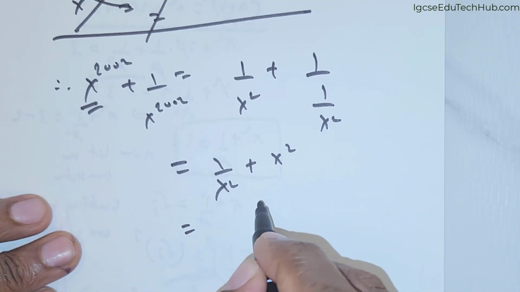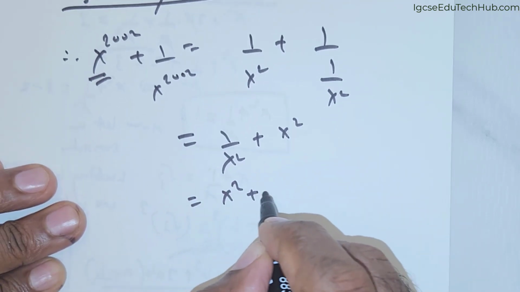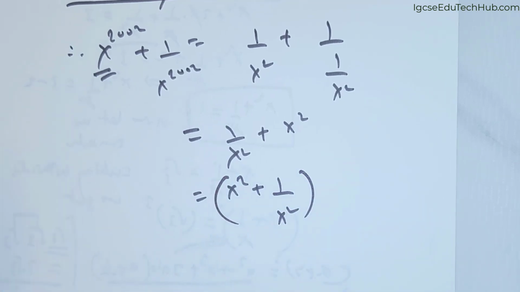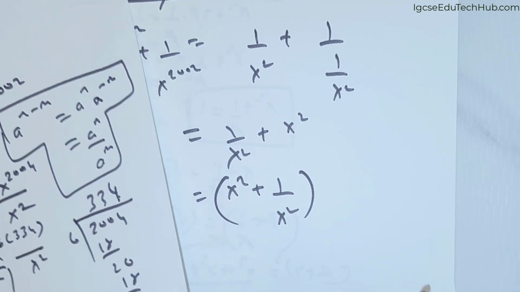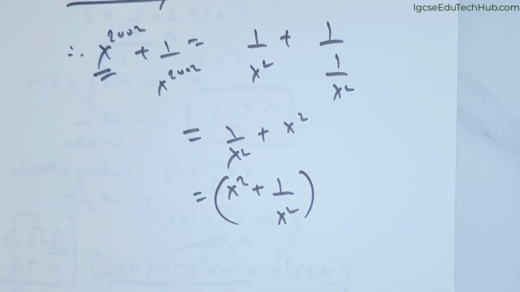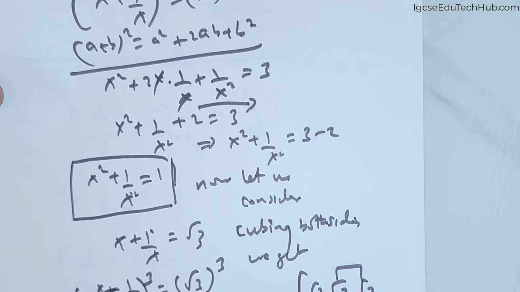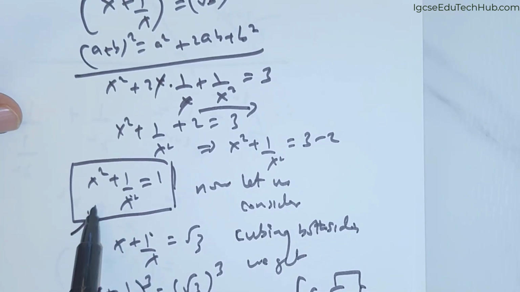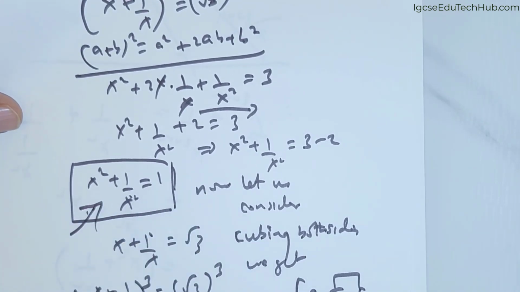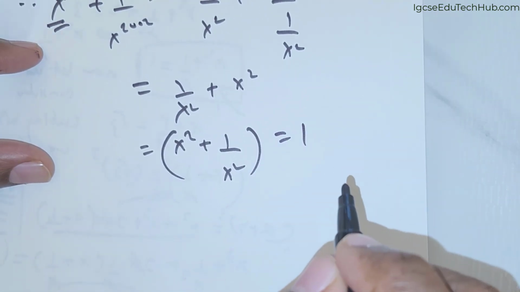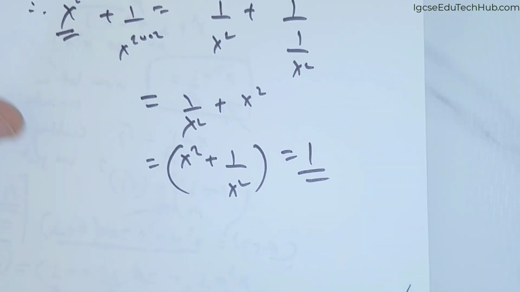So this can be further rewritten like this, x squared plus 1 over x squared. But you have a value, right? What is the value for x squared plus 1 over x squared? We have done that. So let me show you the value. x squared plus 1 over x squared is equal to 1. So this is equal to 1. So that's the solution for this question.